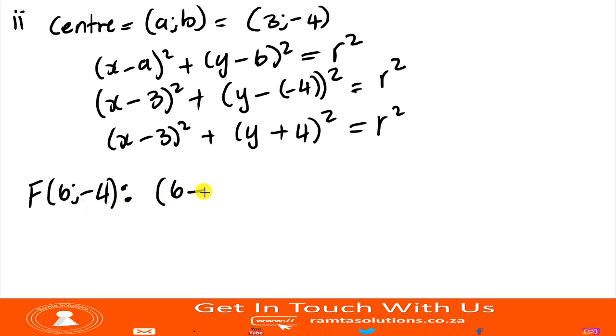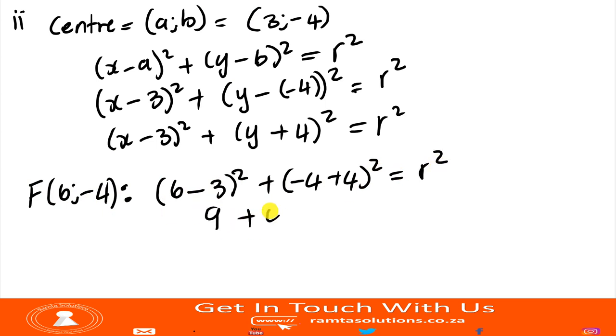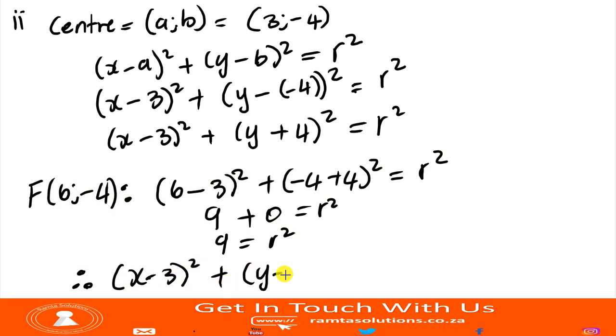It'll be (6 minus 3) squared plus (negative 4 plus 4) squared equals r squared. This is 9 and this is 0, so 9 equals r squared. Therefore, the equation of our circle is (x minus 3) squared plus (y plus 4) squared equals 9, just like I said.